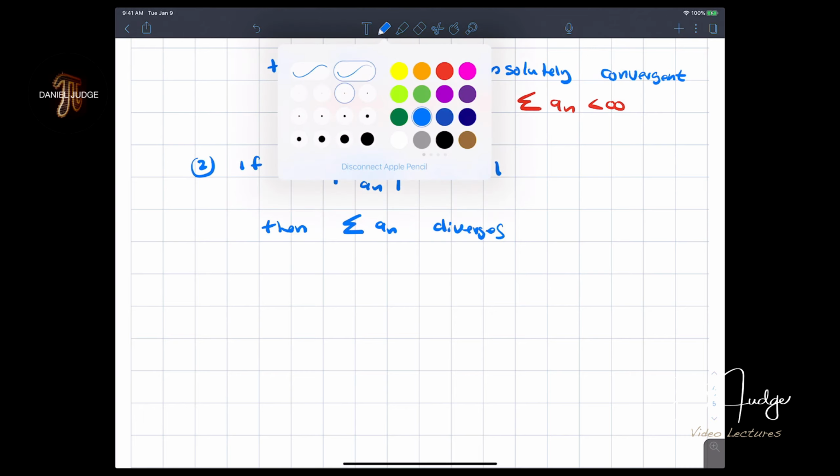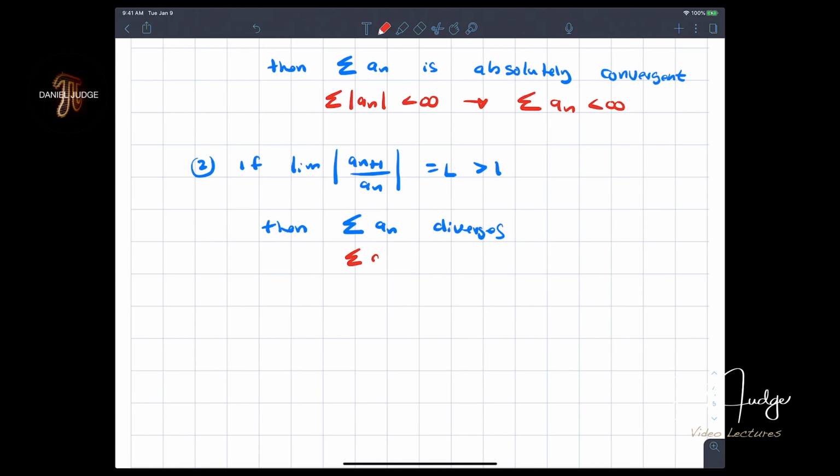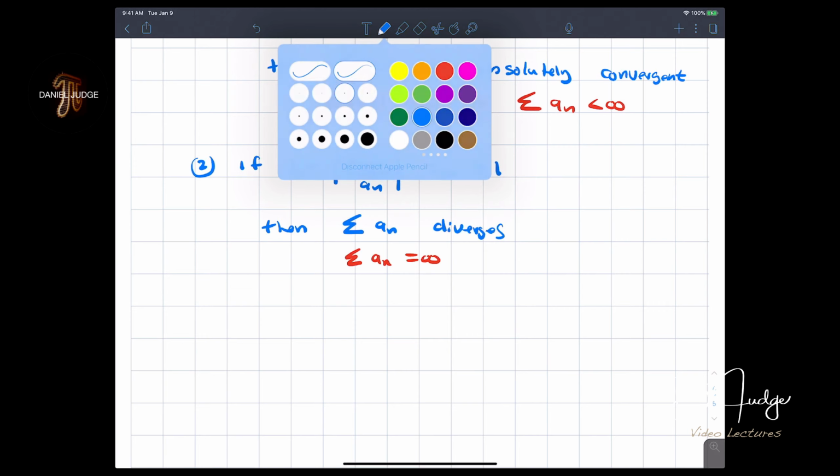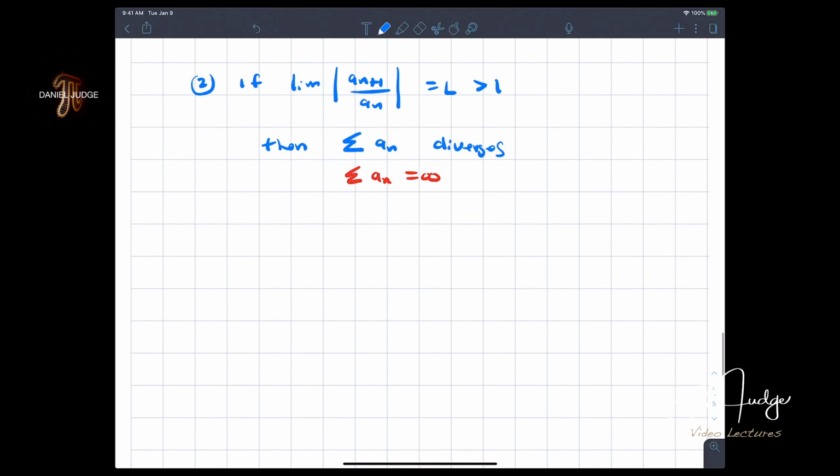And symbolically, that means the sum of a_n equals infinity. So if that limit of the ratio is actually larger than 1, we have divergence.